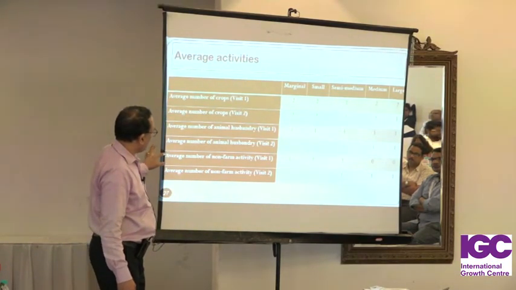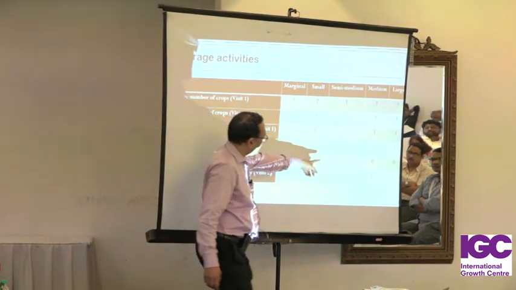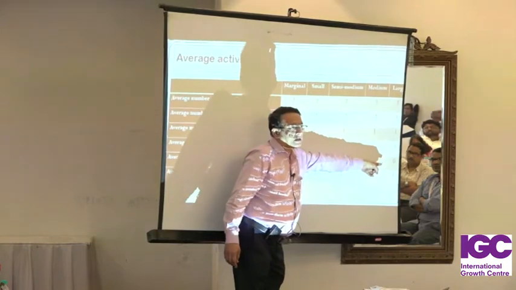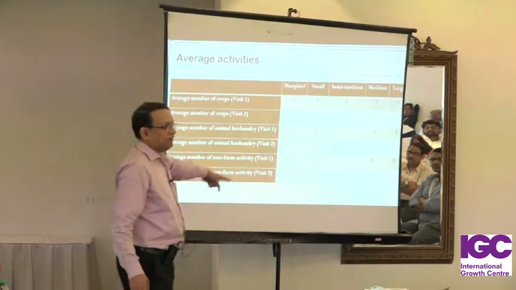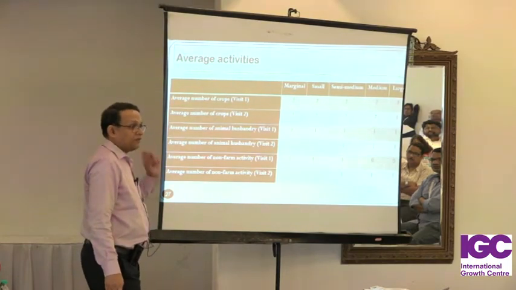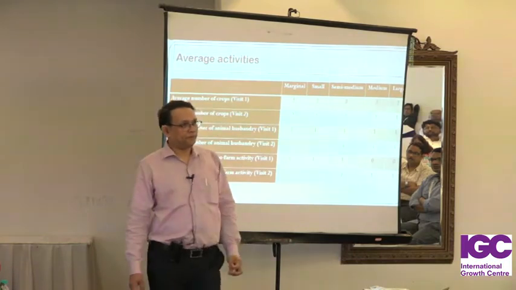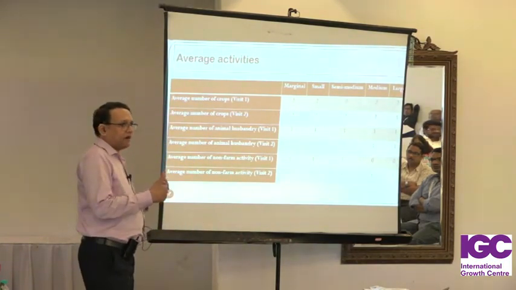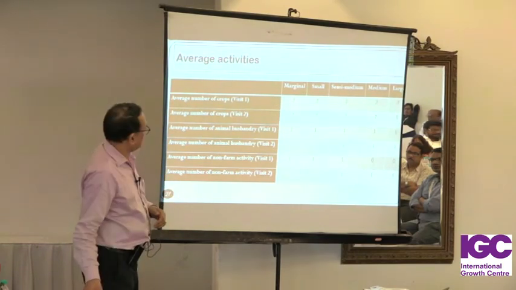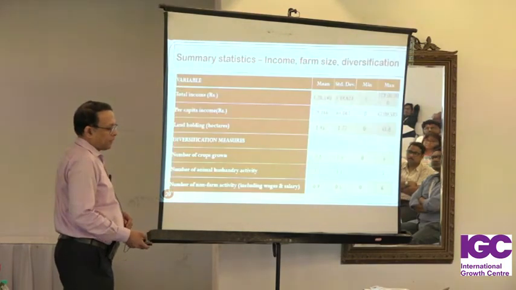The average number of non-farm activities in the 2 seasons is 1, 1, 1, but the medium and large are not involved in non-farm on an average in Kharif season, but in Rabi they are involved. So there is a seasonal dimension to it, and there is also a farm size aspect to it.